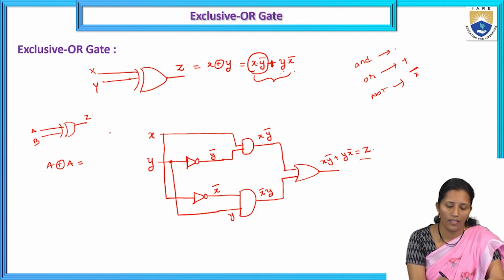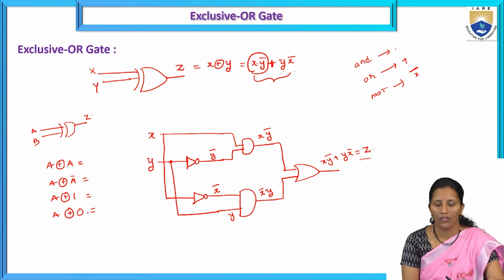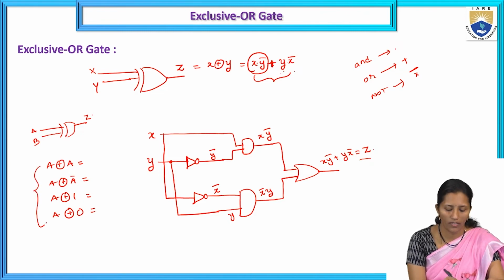A XOR A, A XOR A bar, A XOR 1, A XOR 0. We can also see how to convert the exclusive OR gate into a NOT gate. If we know these functions, it will be very easy further on.